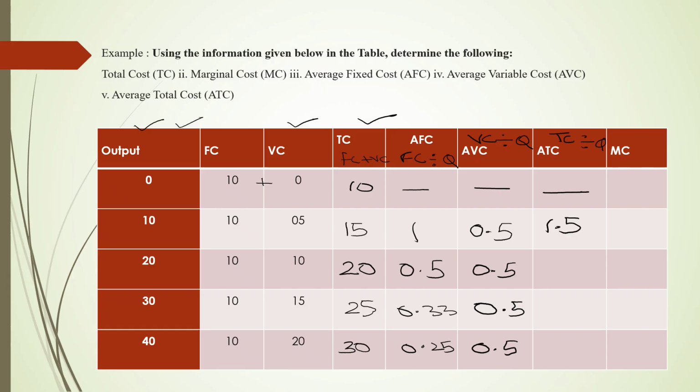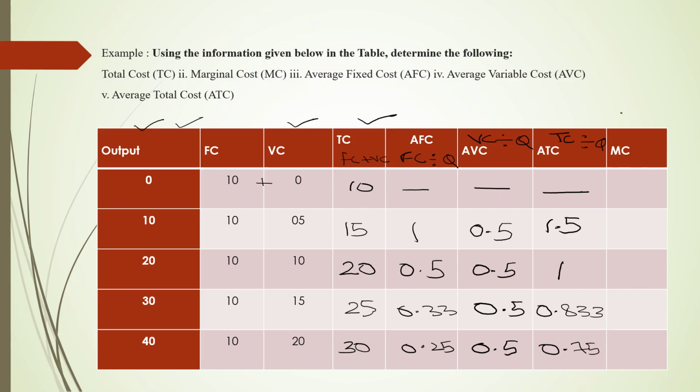Again, total cost is 20, output is 20, so 20 divided by 20 will be 1. Again, total cost is 25, quantity is 30. So 25 divided by 30, it will come to 0.833. Similarly, the last is total cost 30 divided by 40. So it will come to 0.75.